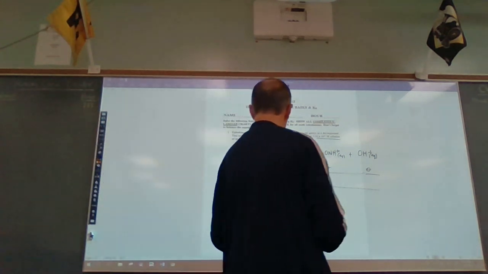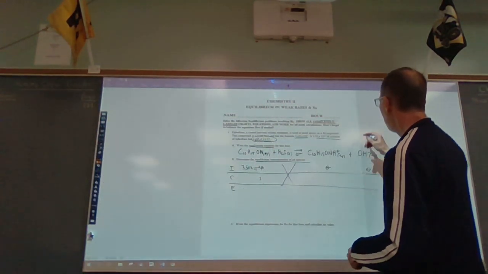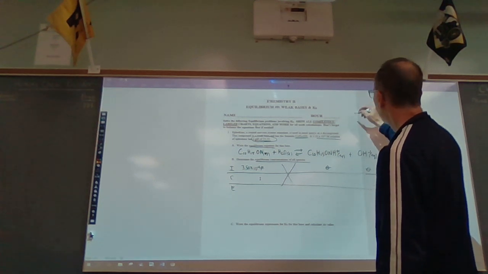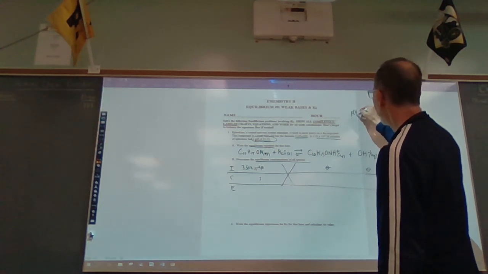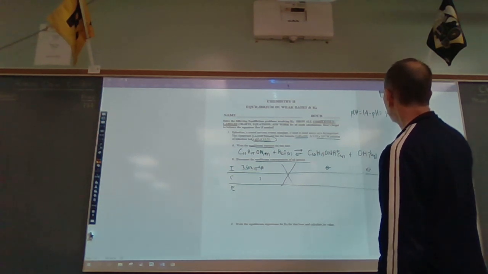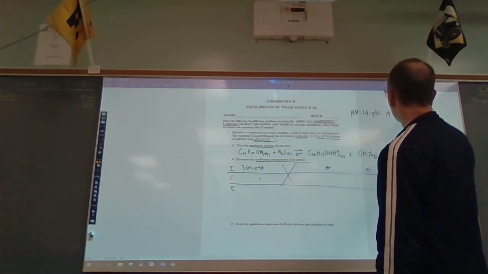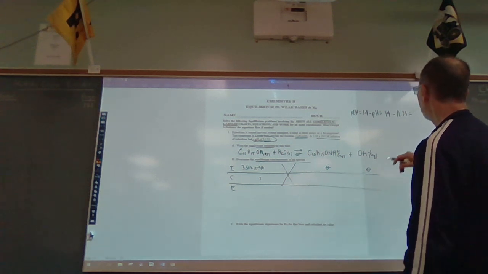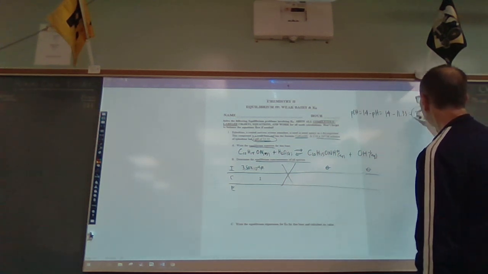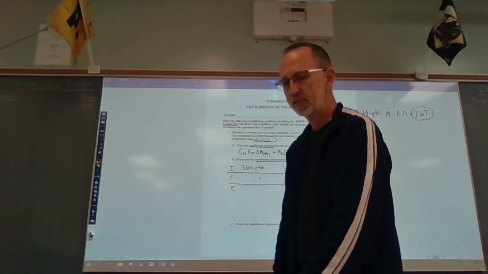All right. So let's look at that real quick. I'll put it over here. So the pOH then would be 14 minus the pH, which would be 14 minus 11.33 or 2.67, I believe. All right, 2.67.